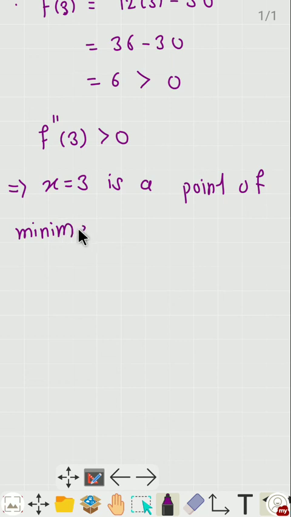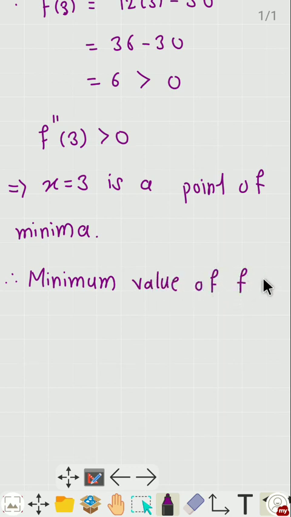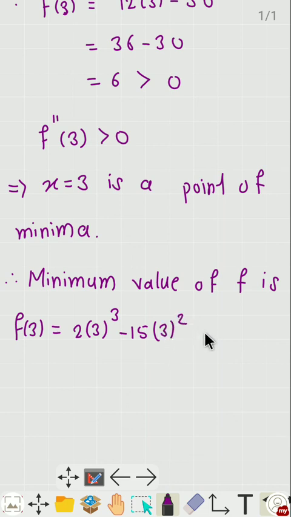and therefore the minimum value of the function is f of 3, and it is equal to 2 times 3 cube minus 15 times 3 square plus 36 times 3 plus 5.